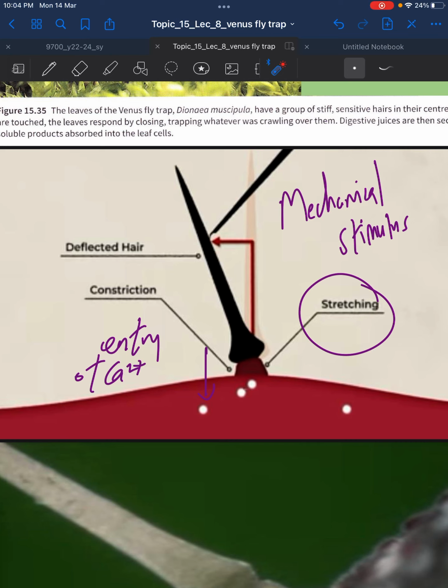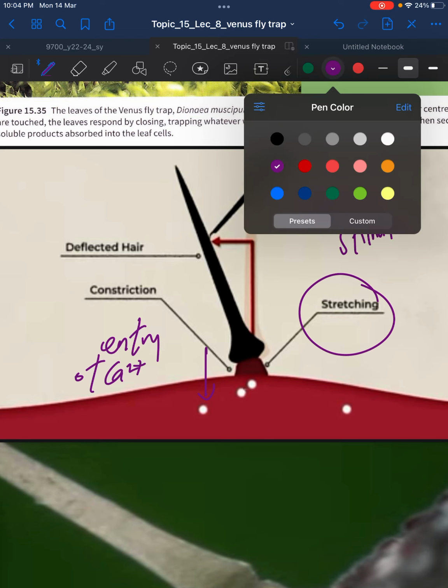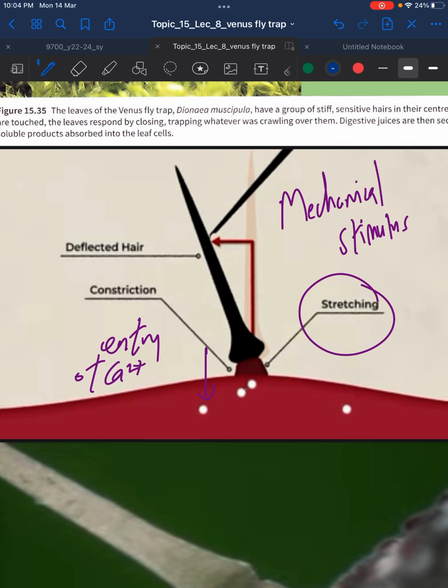And remember, action potential only occurs along the cell membrane, or cell surface membrane.